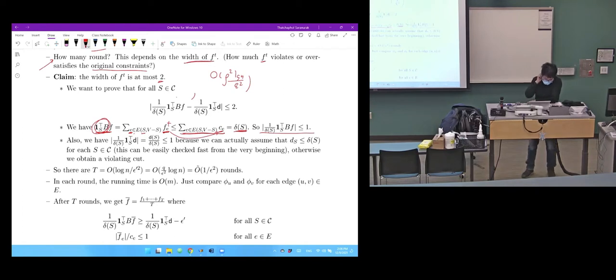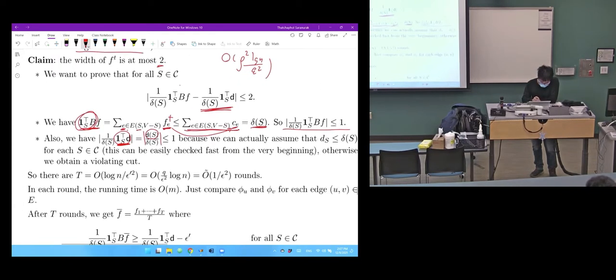All right. And how about this term? Well, just look at this by definition. This thing is exactly the total demand on S, right?